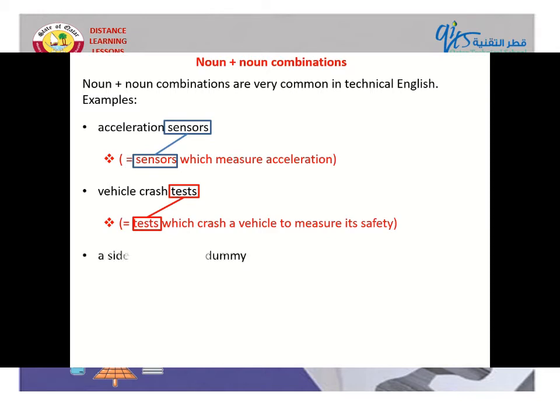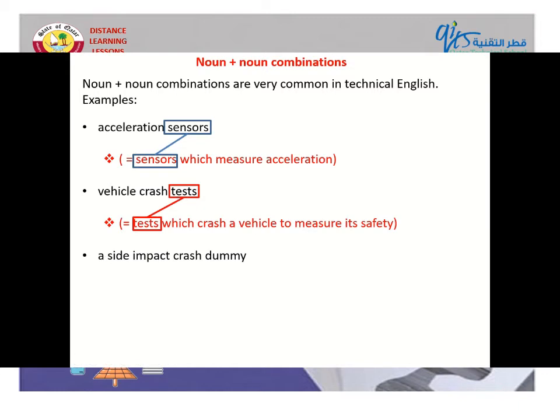Let's take another example, a side impact crash dummy. By now, you should know that when we expand, the noun that will be at the beginning will be the noun at the end of the combination, that is a dummy. So here we have an article. So if there's an article in the combination, we use the appropriate article when we expand.